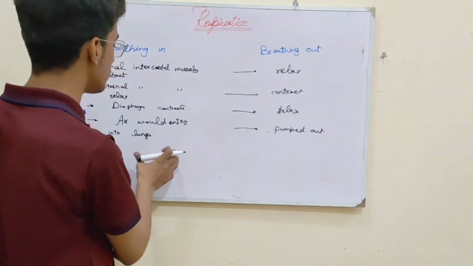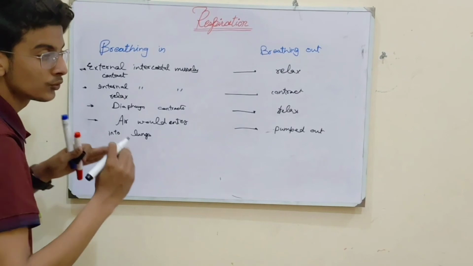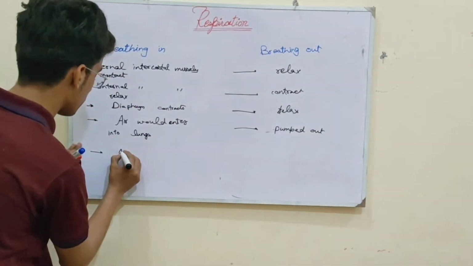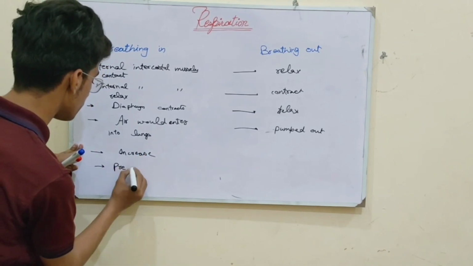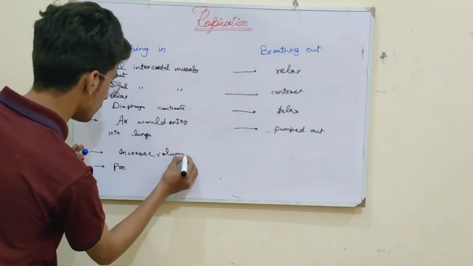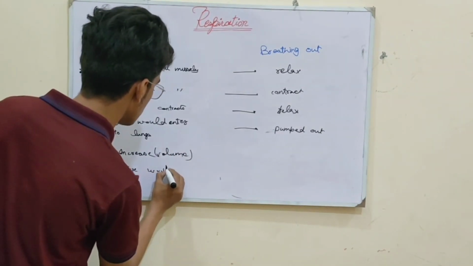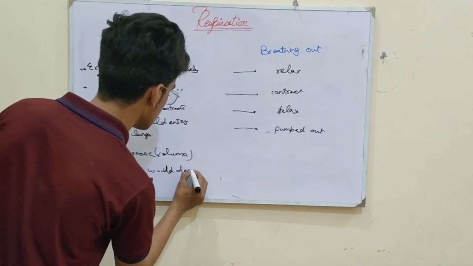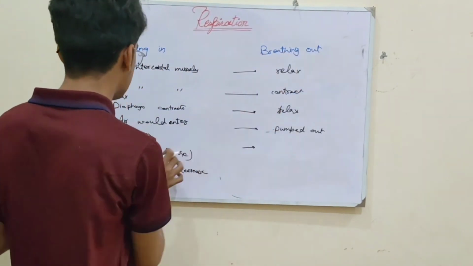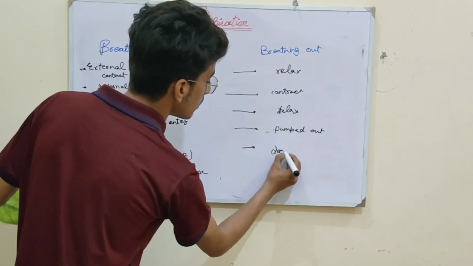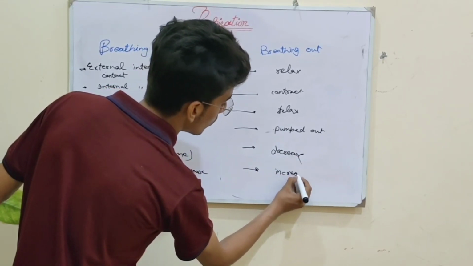We also learned about the volume in the thorax. In breathing in, the volume in the thorax would increase and the pressure would decrease. But in breathing out, the volume would decrease and the pressure would increase.